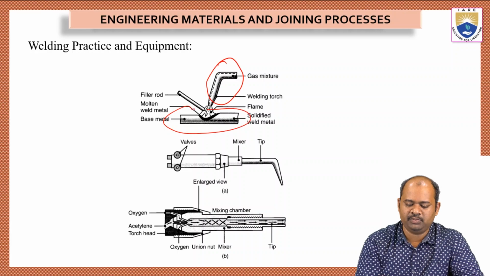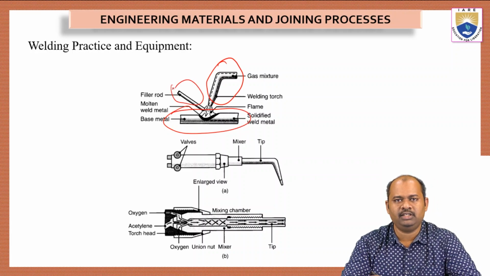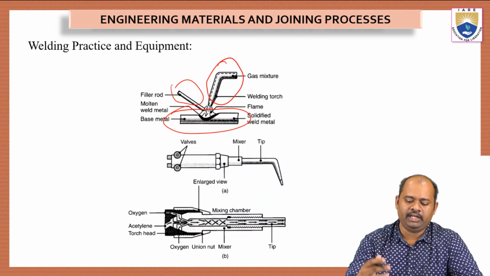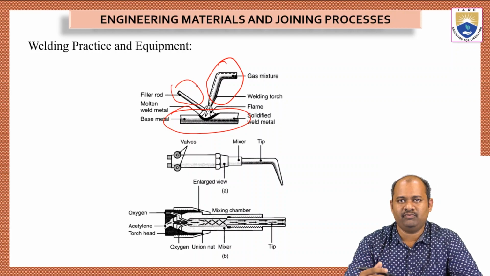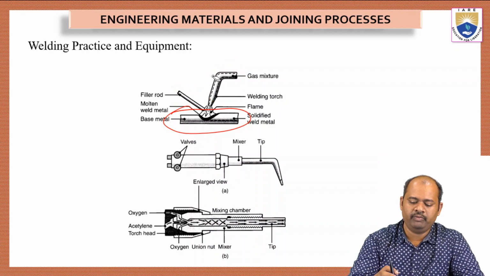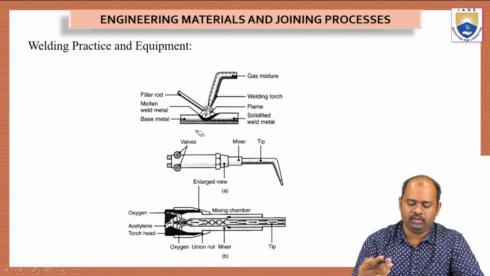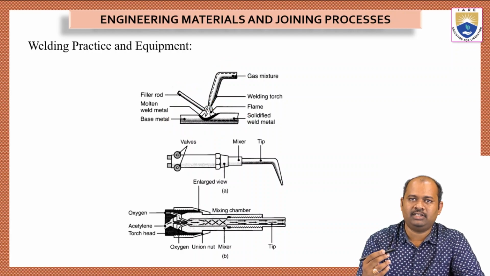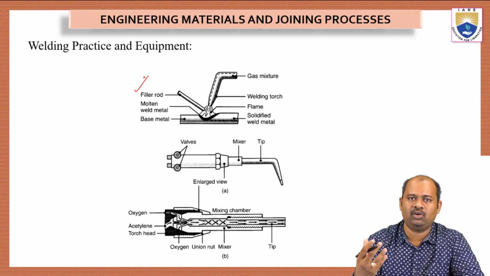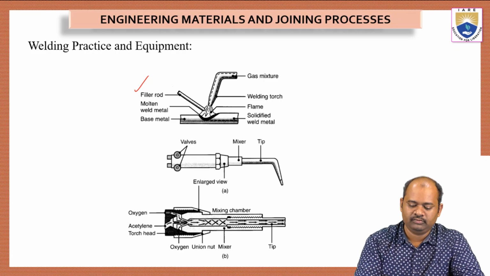This is the base metal and this is the filler metal. Both of these metals are heated with the help of the heat coming from the torch. When we talk about the terminology, we have different parts. The filler rod is an extra metal rod which is used for welding.